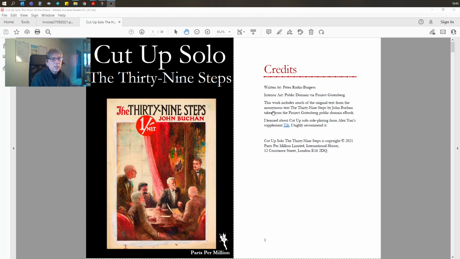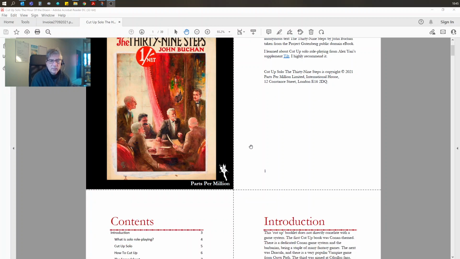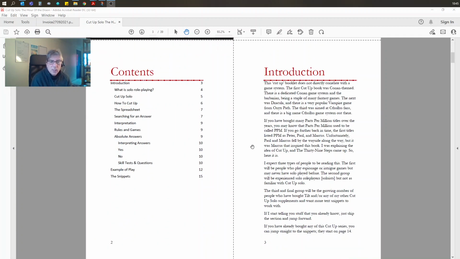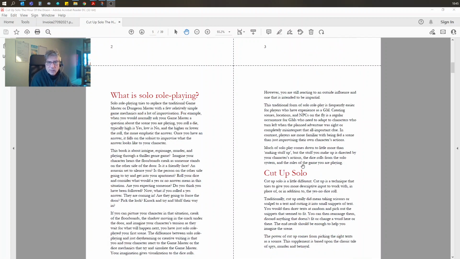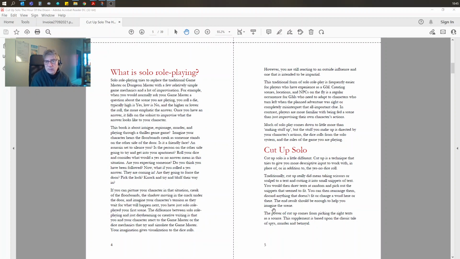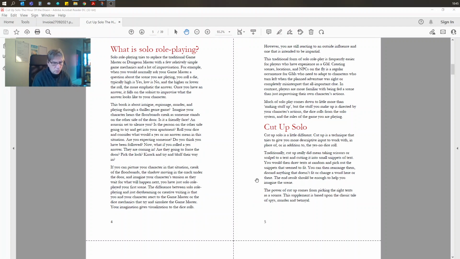So this is the cut up solo. There's something else I've changed with this book, and I think I'm going to keep going forward. So the start of the book is the same as you would normally expect. This doesn't change much between book to book.